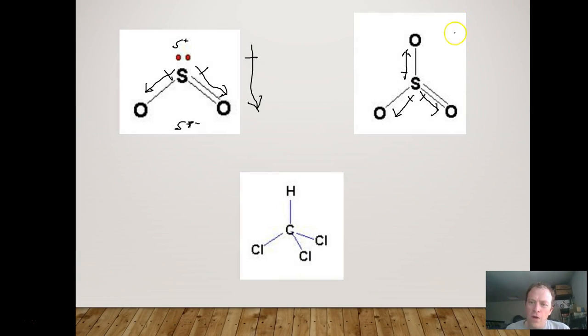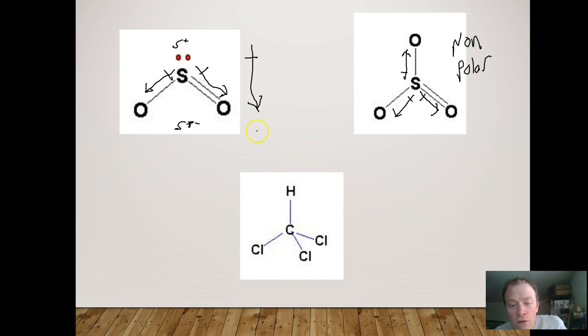That's not going to create a distinct positive and negative side. So trigonal planar ones like this, where all three of these things are the same atom, are going to be nonpolar. So this has no overall polarity. Very important that it's trigonal planar rather than pyramidal, and that all these oxygens are in the same plane. That does make a huge difference.